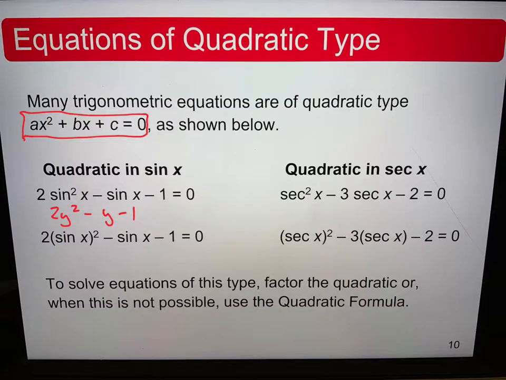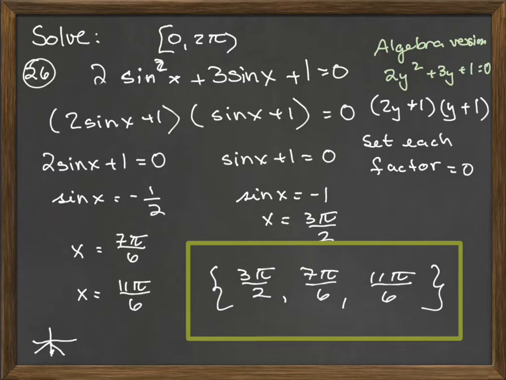So that was just a review of what we have done last Monday, and then we solved some trig equations that had the form of a quadratic equation, and this one is the one we looked at. You factored all the ones that we worked with, they can be factored. Then you set each factor equal to 0. So here we have the sine of x negative 1/2 again, so 7 pi over 6, 11 pi over 6.